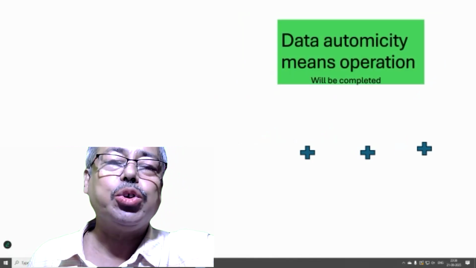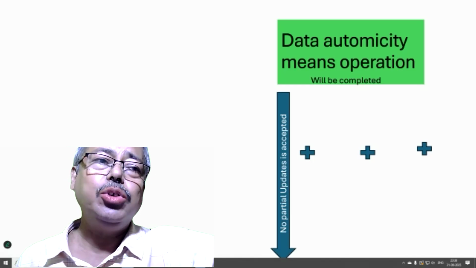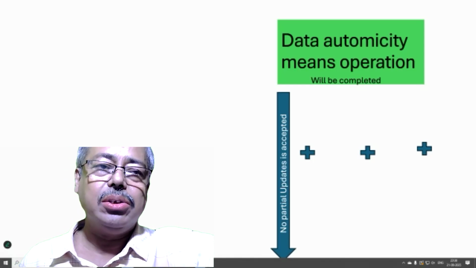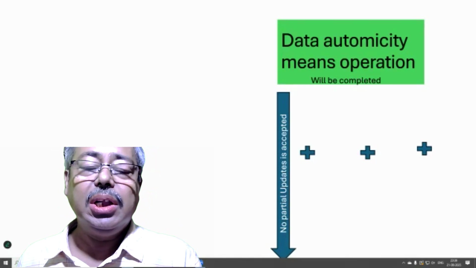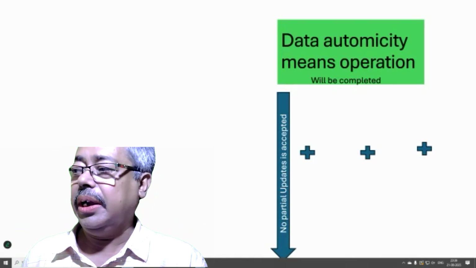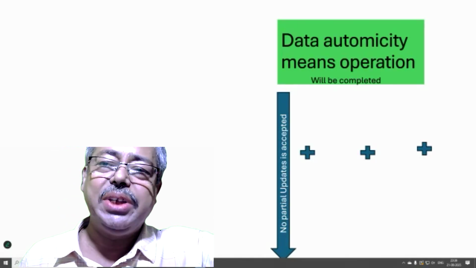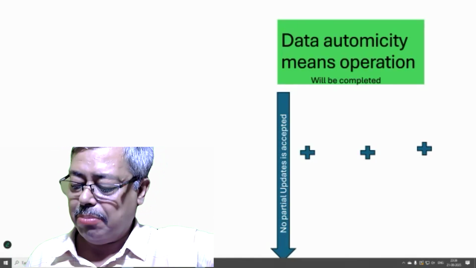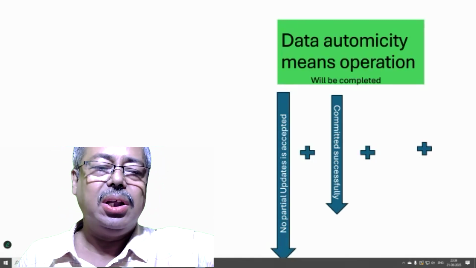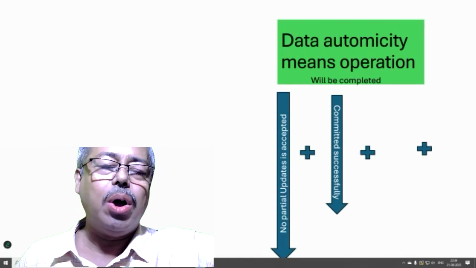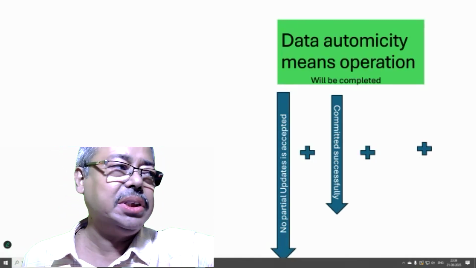Now we come to data atomicity, which means the operation will be completed. It is not that the operation is partially completed and the rest is completed later. No, partial completion is not accepted. In the case of a database, total completion is the only completion. So a partial update is not accepted by the system. Operation means commit: committed successfully. Committed unsuccessfully is not a matter for this database.